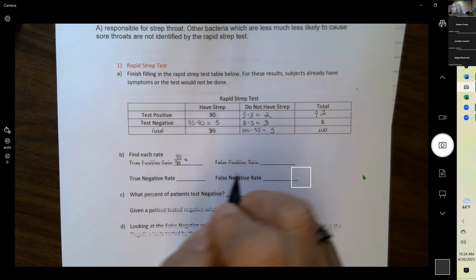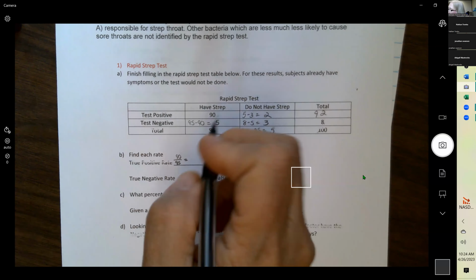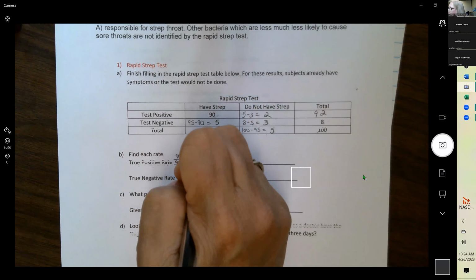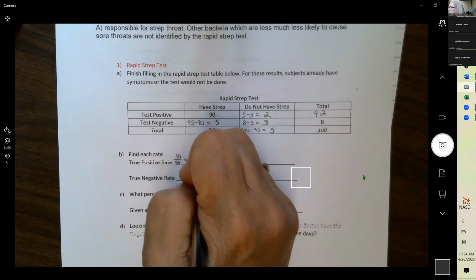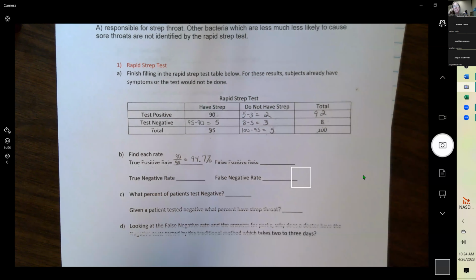And you want to write it as a percent because the rates should always be a percent. You could put 95% or 94.7. I didn't specify, so.